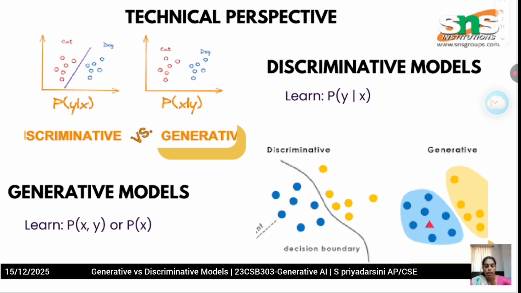This allows the model to capture the full data distribution and generate new samples from that distribution. This probabilistic difference explains why generative models are more flexible but also more complex.